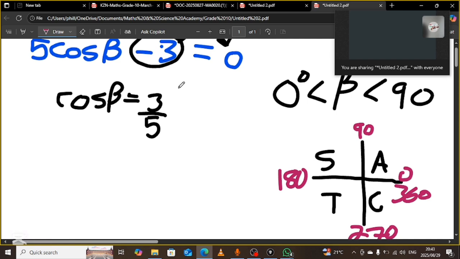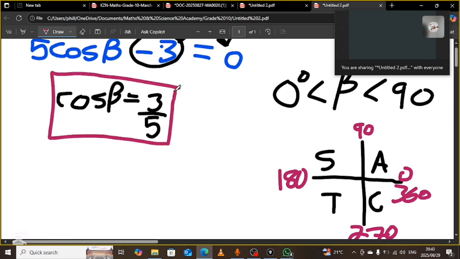We are going to examine this. From these 4 quadrants, we are going to look at where cos is positive. Remember, this side is a positive number. This is quadrant 1, quadrant 2, quadrant 3, and quadrant 4.